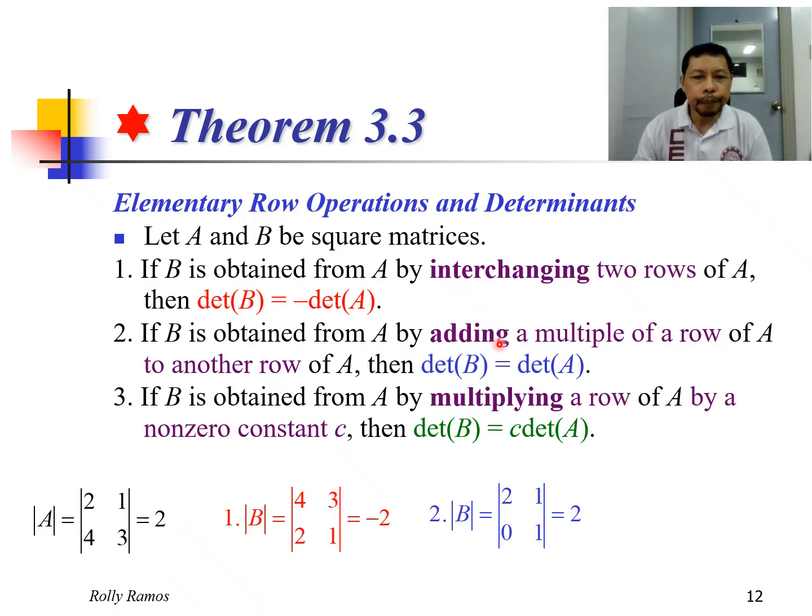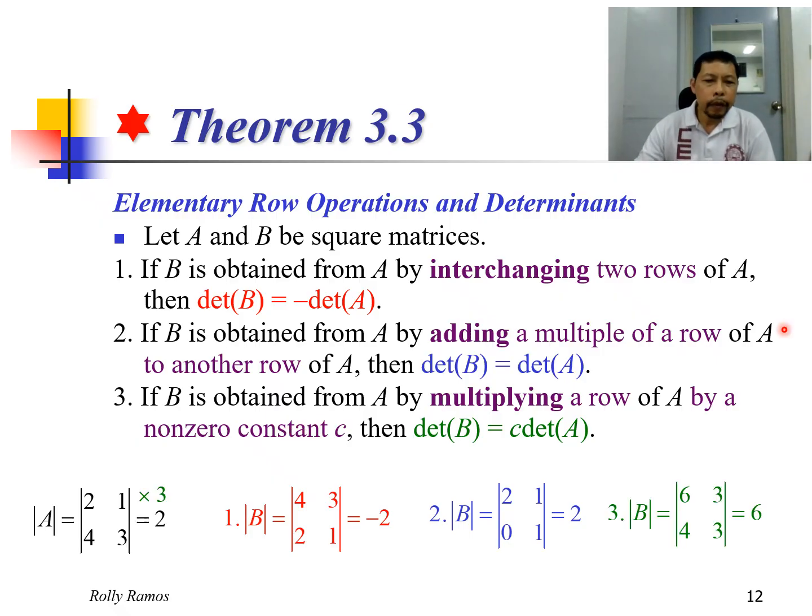And the third one: if B is obtained from A by multiplying a row of A by a non-zero constant C, then the determinant of B is equal to C times the determinant of A. So if you multiply a row by any number which is not equal to 0, then the determinant of the newly formed matrix is simply the determinant of the old matrix times that non-zero constant.